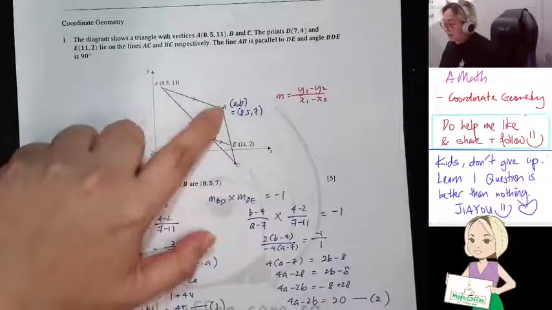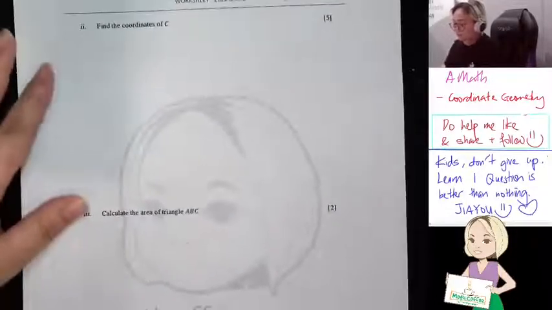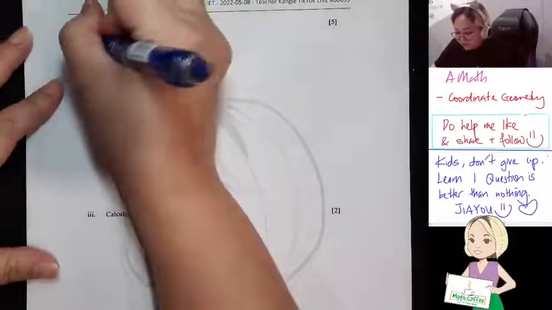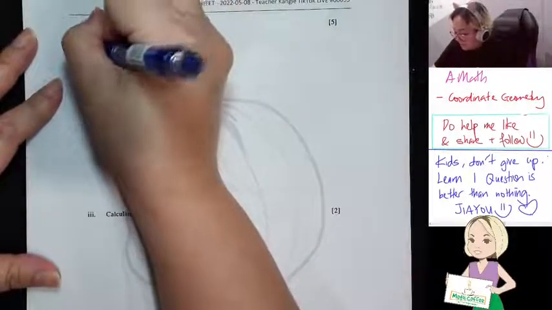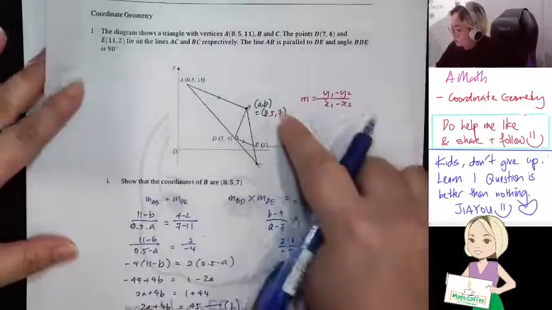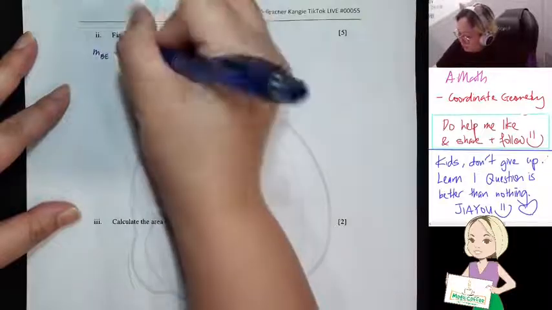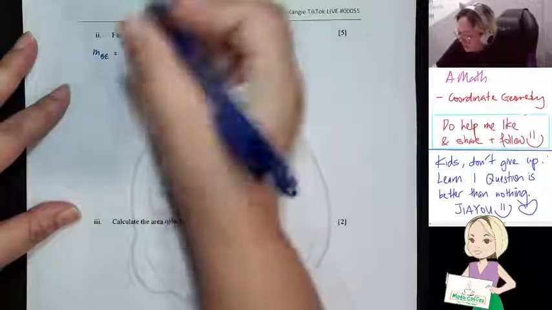So let's go and find. Now I'm going to find the gradient BE. So it will be 7 minus 2 over 8.5 minus 11.